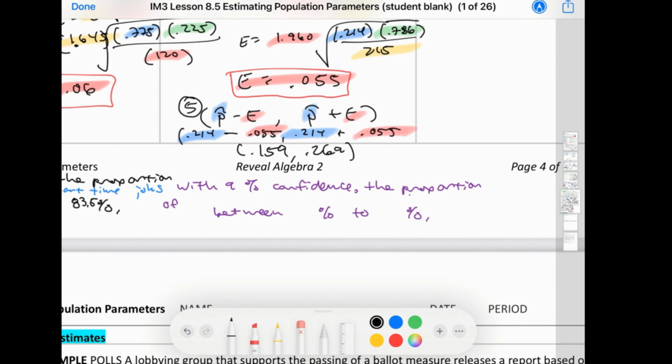At 95% confidence, the proportion of students who ride the bus is between 15.9% and 26.9%. So at this particular school, not a lot of students are taking the bus.